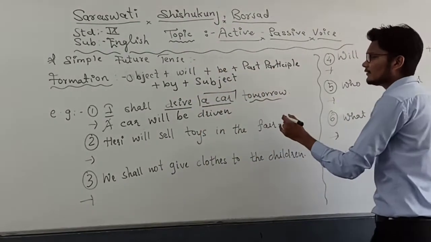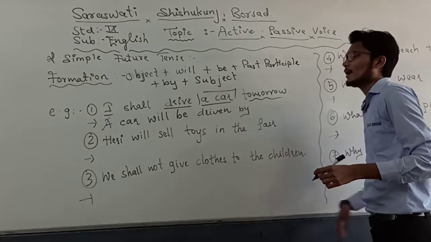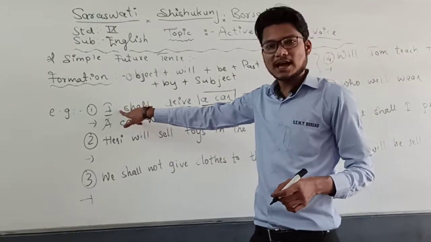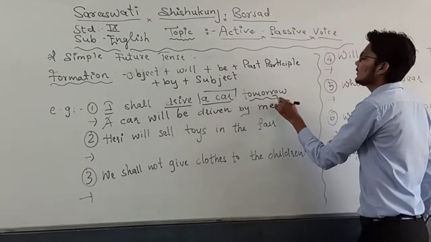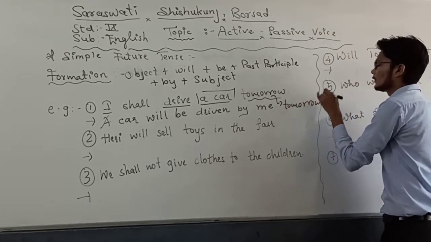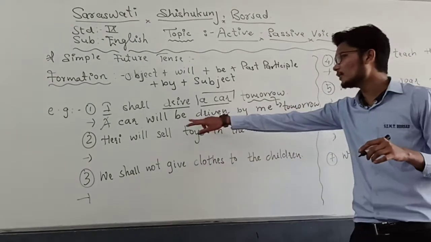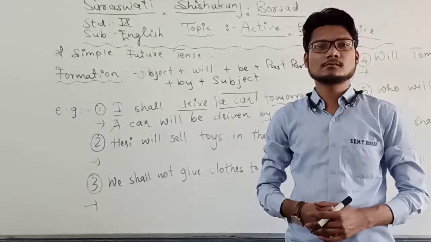A car will be driven. After the past participle you have to add by, and here your subject is I, so it will change to me, and keep tomorrow as it is. So this is the answer. A car will be driven by me tomorrow.